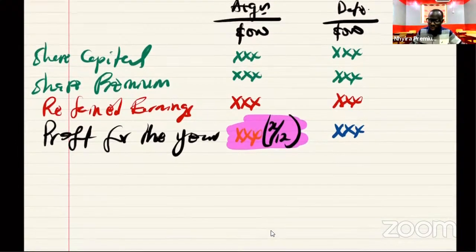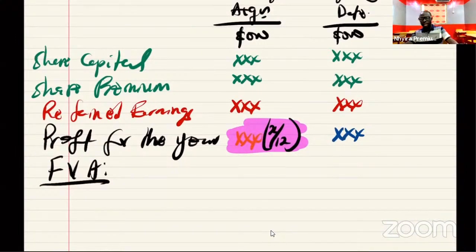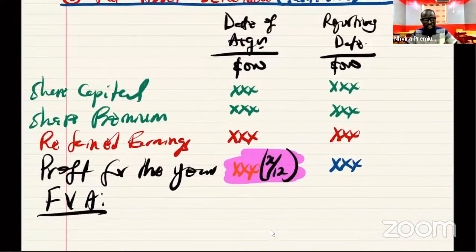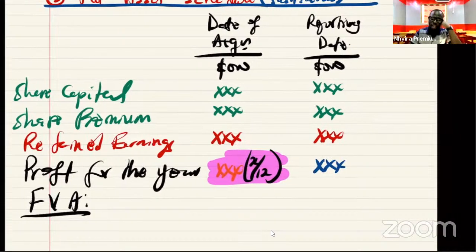Then from here, we bring what is called the fair value adjustment. Now, this is where I want you to stay with me carefully as we begin to talk about some key principles you need to understand. When it comes to the fair value adjustment, at the date of acquisition, what happens is that the parent company revalues the assets of the subsidiary.